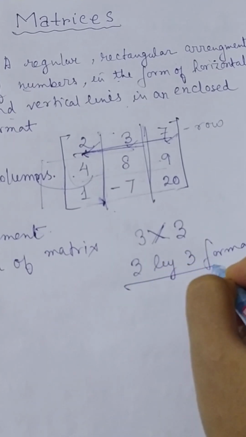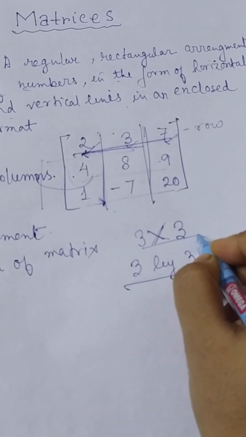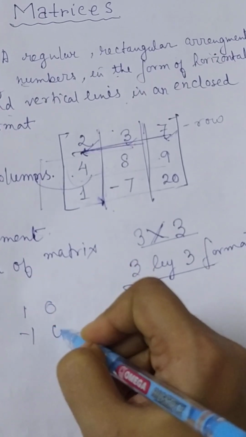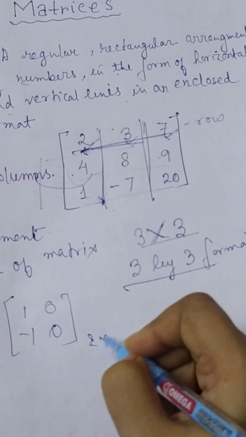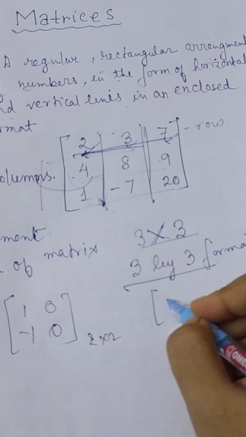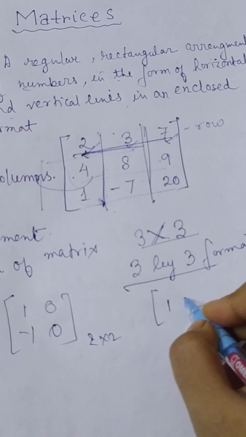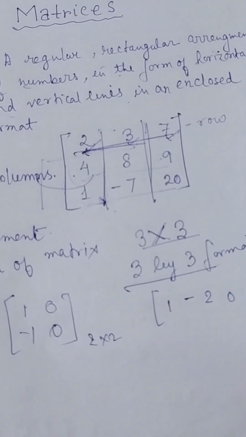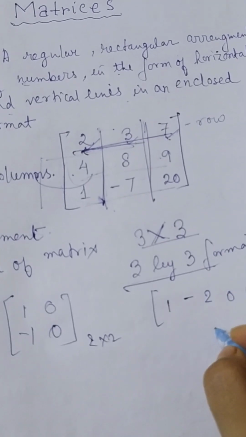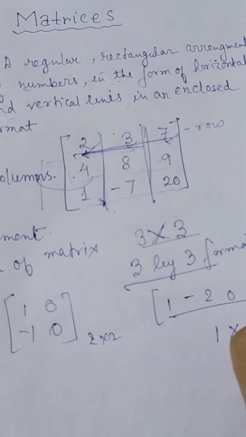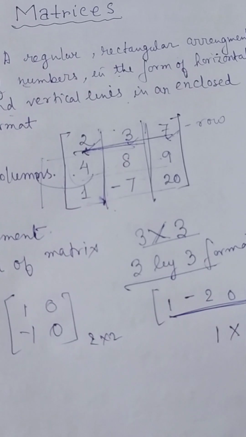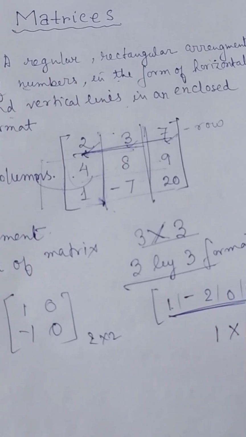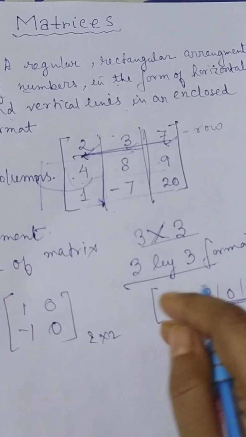And what is the order? 3 by 3 order. Like that, if I write 1 0 minus 1 0, it is in an order of 2 by 2. If I write 1 minus 2 0 6, it will be 1 by 4. That means first of all we will write the row part and then the column. 4 numbers are in the column and there is 1 row.